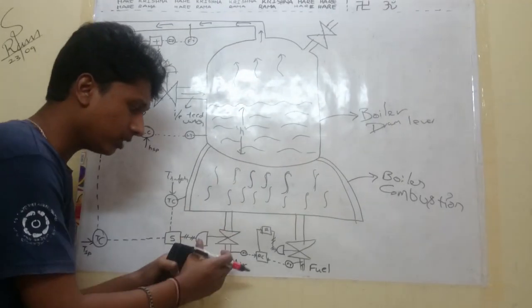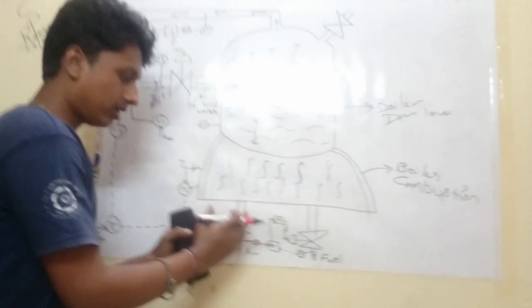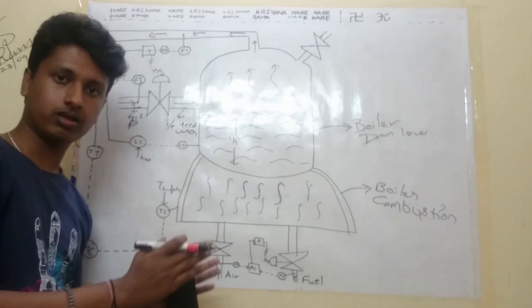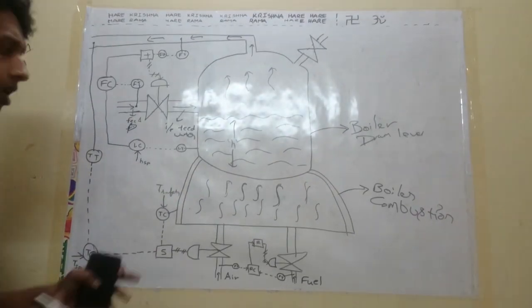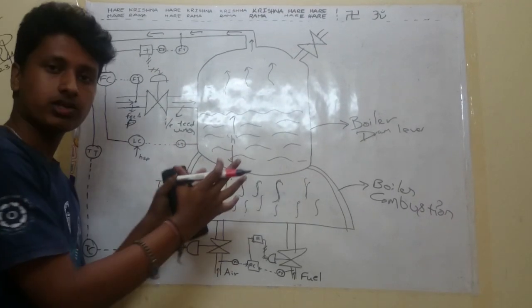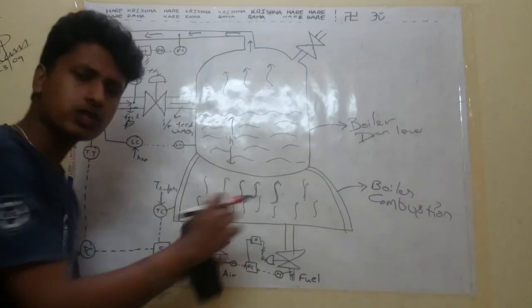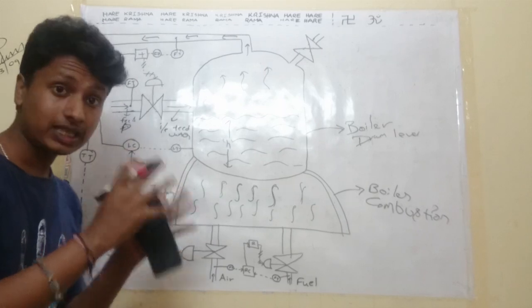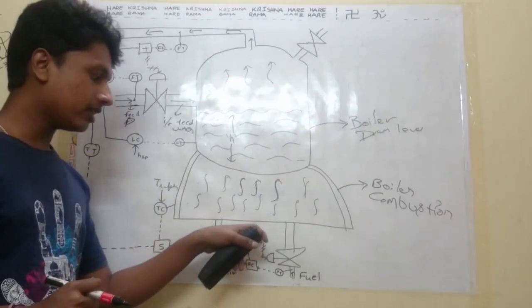Now I have told that we must have a perfect ratio, like 3 is to 5 air fuel ratio, for getting an efficient combustion process. So for getting a perfect ratio we need to control this flow also. So for controlling this flow we are initiating another control structure.